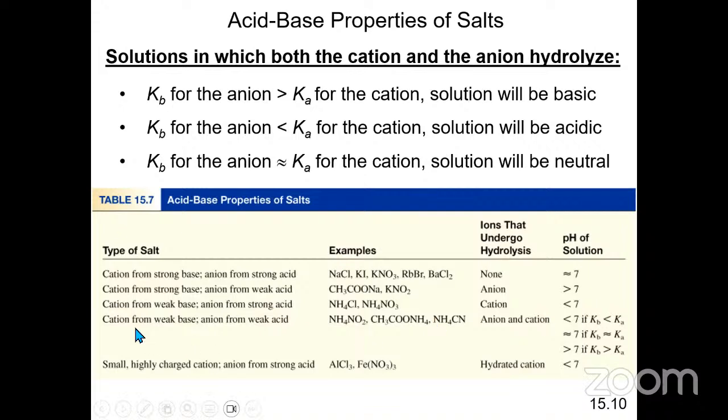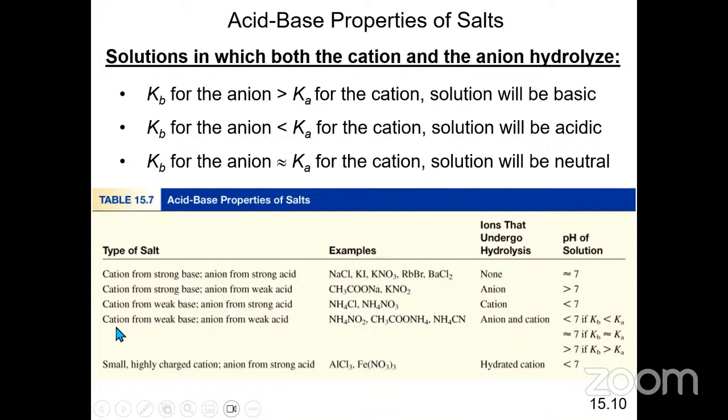If the cation is from a weak base and the anion is from a strong acid, then the cation will react with the water and therefore will produce hydronium ions, or hydrogen ions, and the resulting solution will be acidic, which means that the pH will be less than 7.